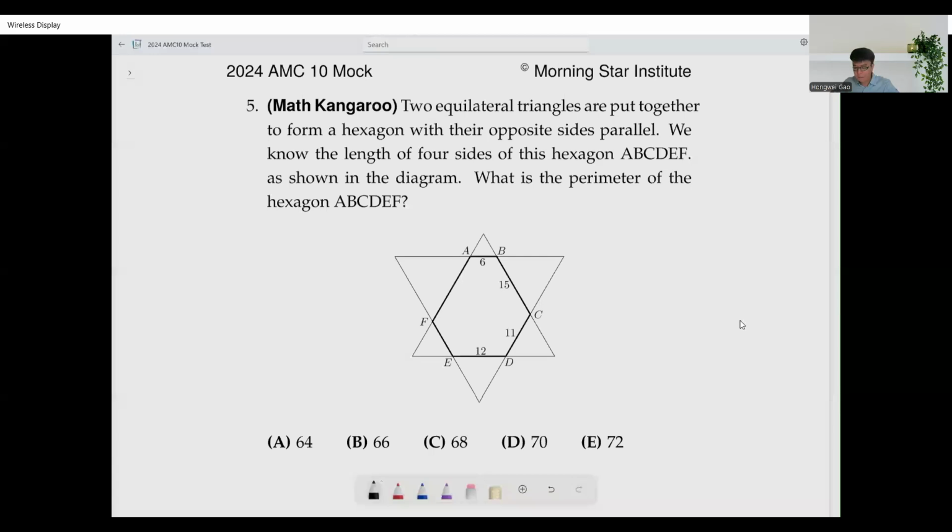Let's do question 5. Here we have 2 equilateral triangles put together such that their opposite sides are parallel. So based on that, every triangle here is an equilateral triangle.